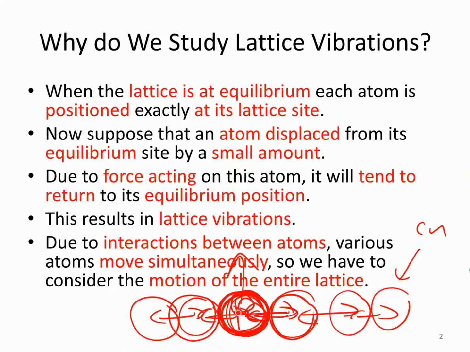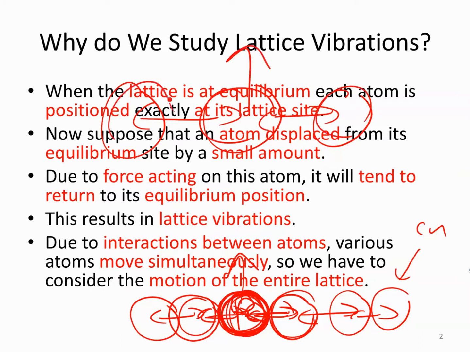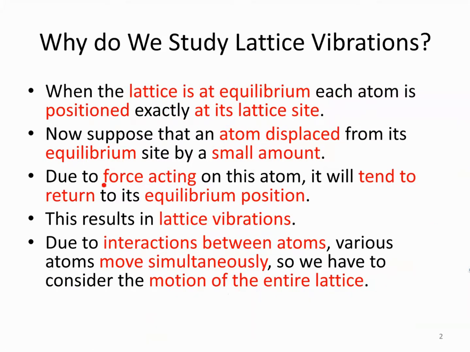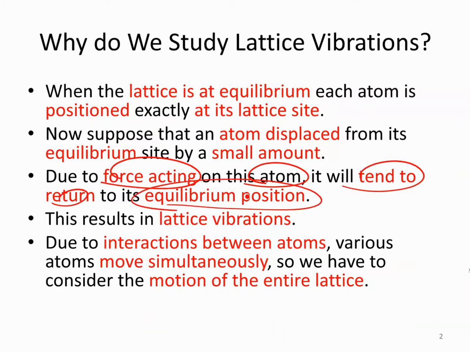You can just imagine a spring. So when we have 3 balls connected by springs, if one ball moves up, then the other 2 balls will try to pull it back to the original or equilibrium position. This is what it means that due to the force acting on this atom, it will tend to return to the equilibrium position. And this force is actually created by the chemical bonding.